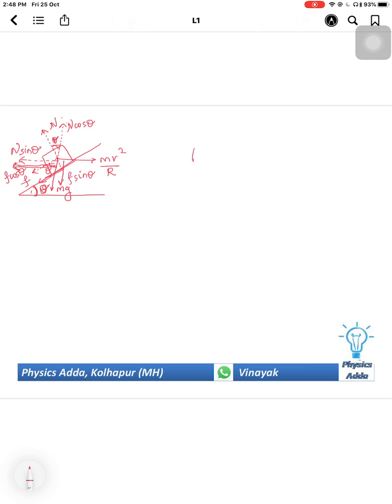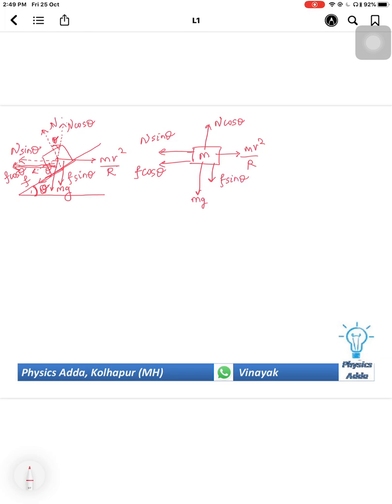So I will draw it like this. Here I am having mg, here mv square by r, here N cos theta, then N sin theta, F cos theta, and here F sin theta.